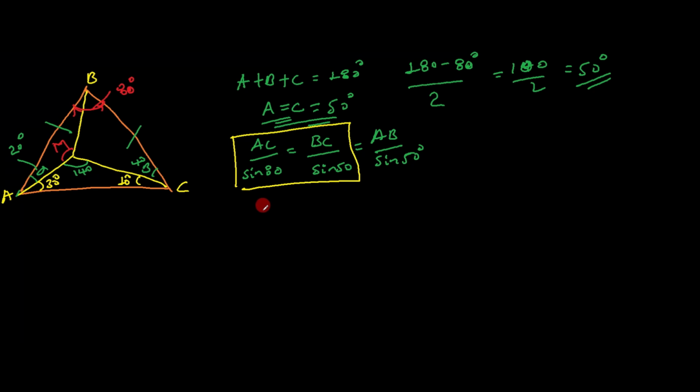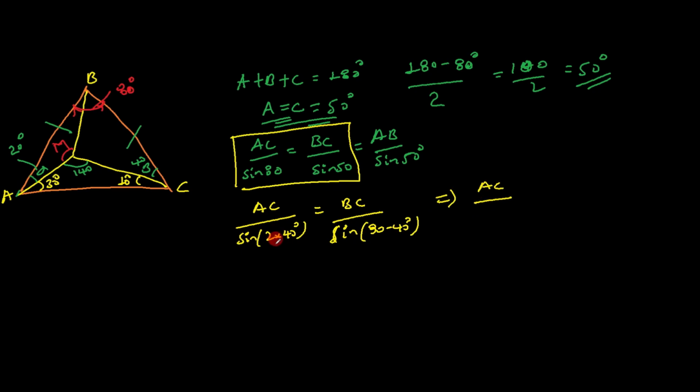So let us define AC over sine 80, which is sine 2 times 40°, is equal to BC over sine 50, which is sine of 90° minus 40°, right?